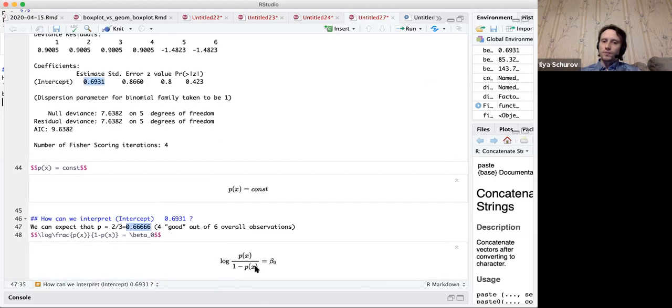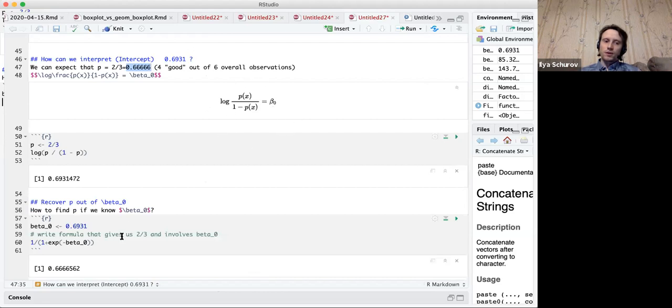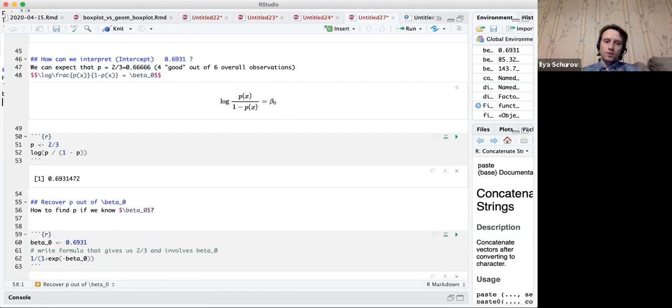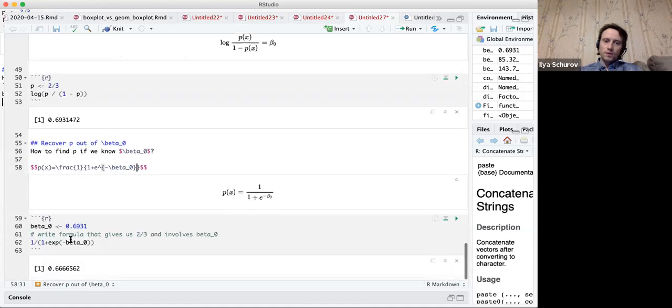So we have this formula, and we have an opposite formula, so P of x equals 1/(1 plus e to the power minus beta naught). This is the same thing. Exp of something is the same as e to the power of something.